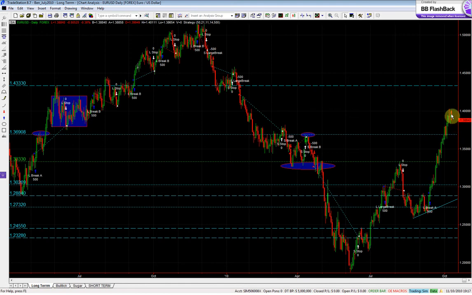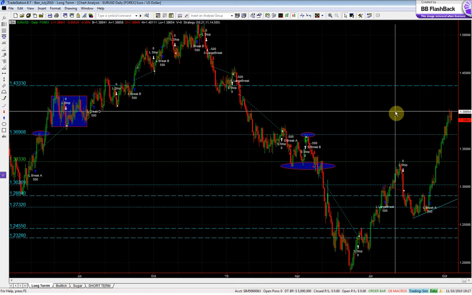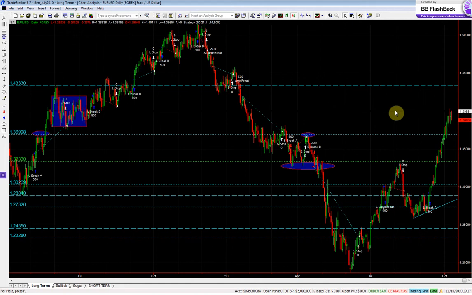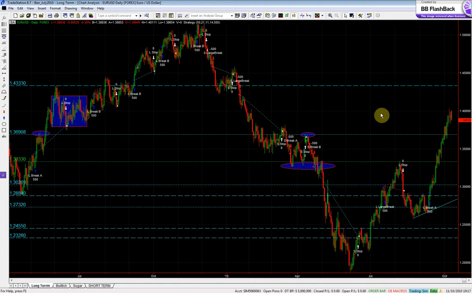Currently, if we're long this, there's no reason to be out. This day today is weak, but we haven't got anywhere near threatening yesterday's low, so this is very much intact.